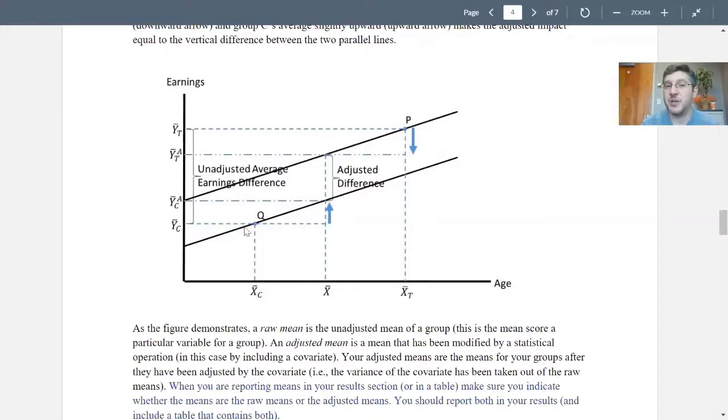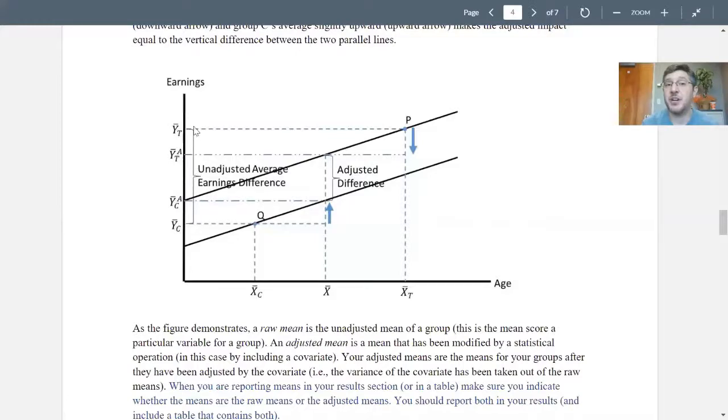This point Q represents the average earnings and the average age for those in the control group. So you can see the difference between the raw averages.